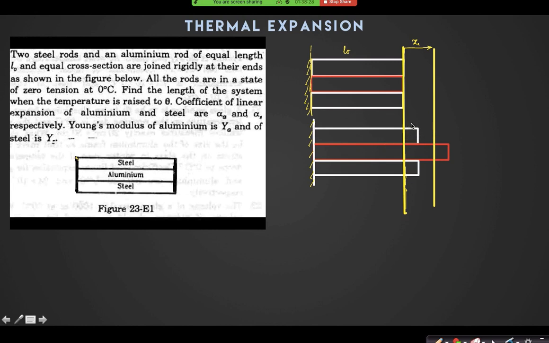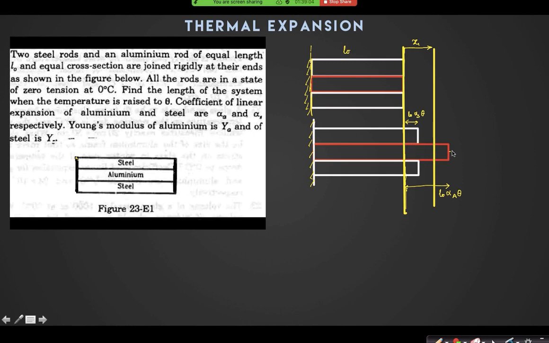If it were free to move, then this length would be L0 alpha steel into theta, and this length would be L0 alpha aluminium into theta. But it has increased only up to this.